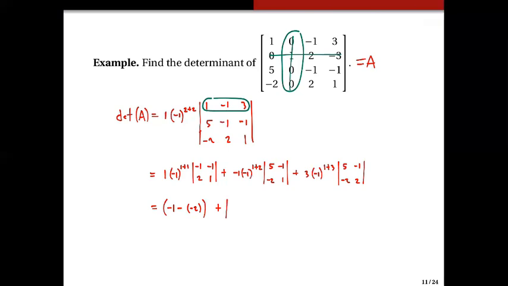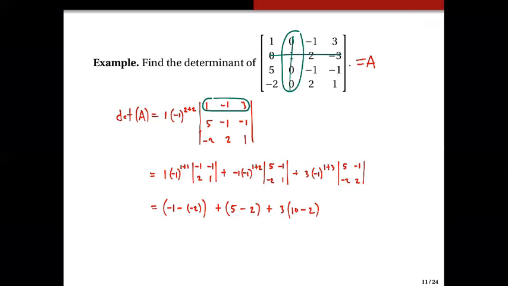So times, you have 5 times 1, that's 5, minus negative 2 times negative 1, that's positive 2. Then plus 3 times negative 1 raised to 1 plus 3, that's positive 1 again, so 3. Okay, and in here you have 5 times 2, that's 10, minus negative 2 times negative 1, that's positive 2.